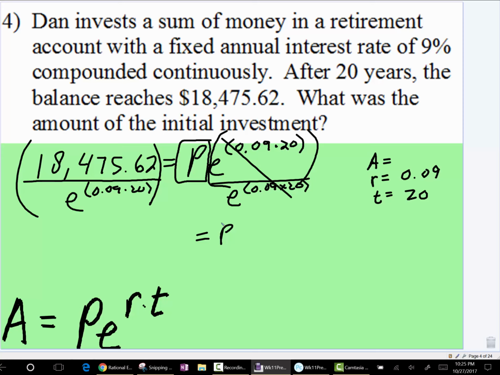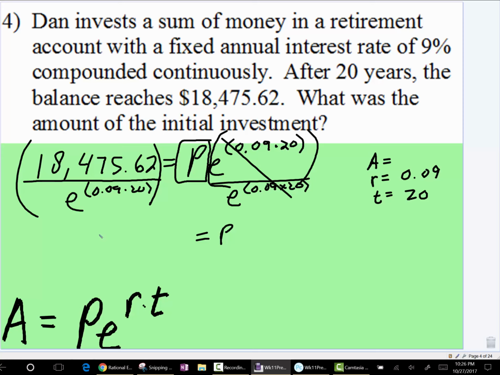Left parentheses, 18,475.62, right parentheses, divide. Left parentheses, the second button, LN, which gives you the e caret button, and then left parentheses, 0.09 times 20, close parentheses, enter.